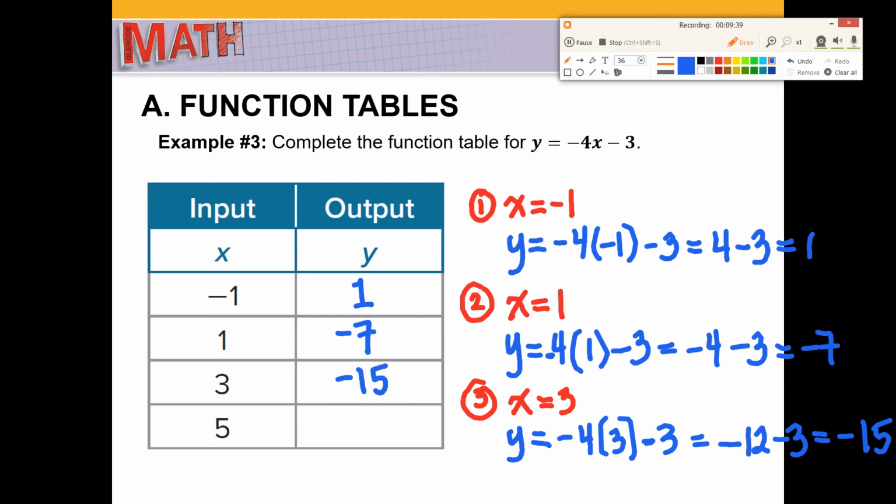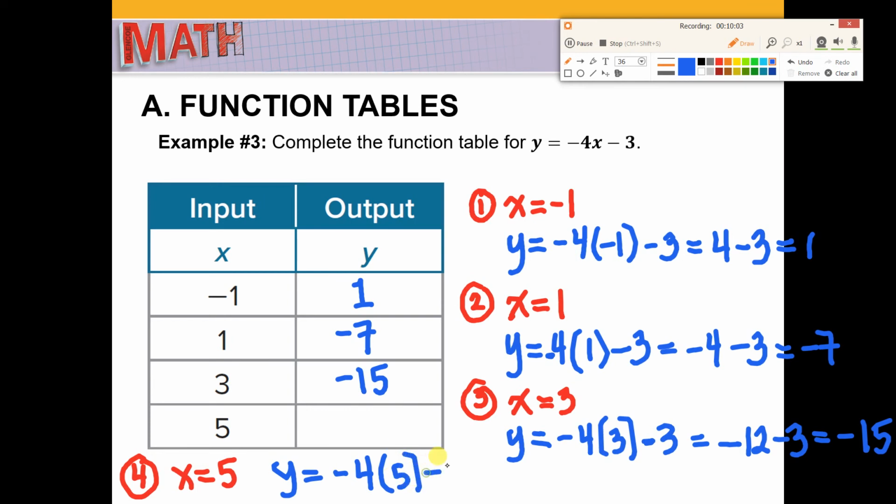And then for the last one, I'll do it here. We have x equal 5. So we have to take our equation, y equal negative 4, and then the x we exchange it with 5 minus 3, we have negative 20 minus 3, and this is negative 23.